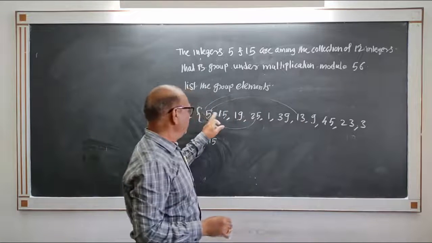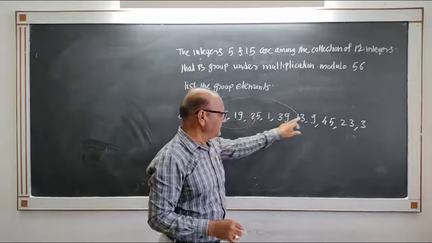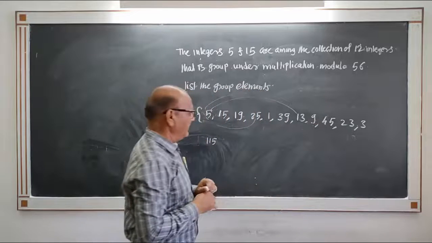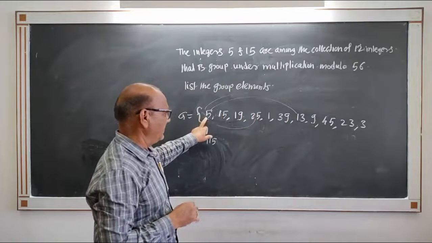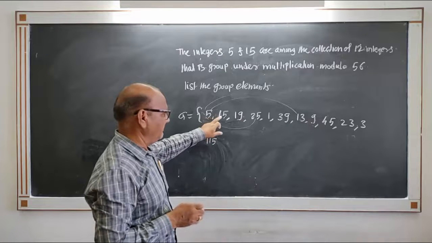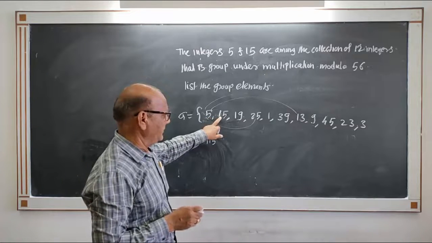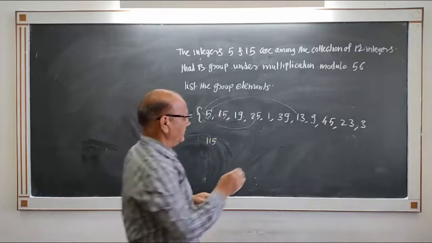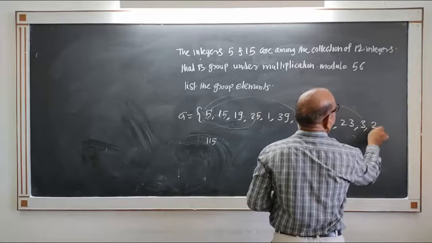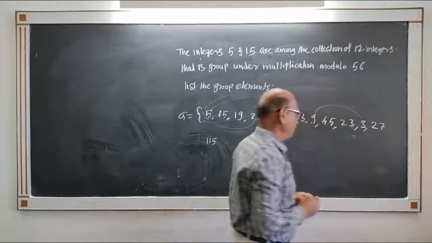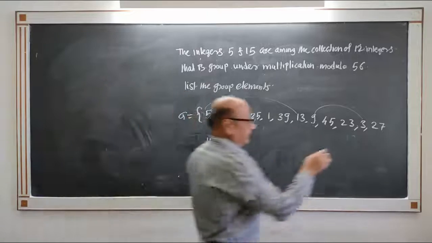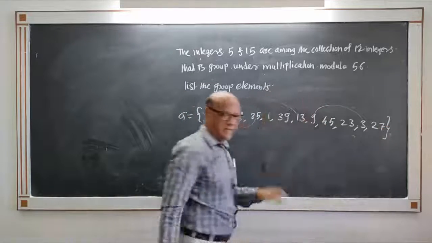How many elements? 1 2 3 4 5 6 7 8 9 10 11. And 75. The product of these two again, 27. The product of these two, 27, and these make a list of 12 elements.